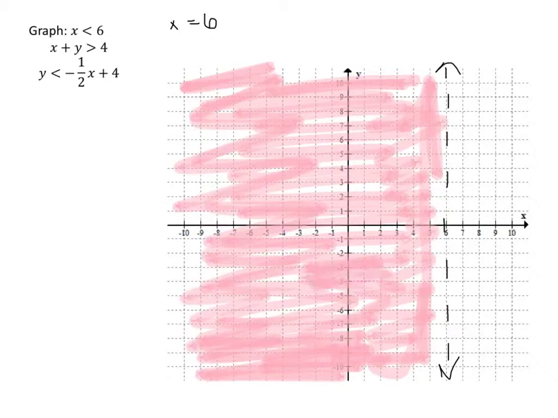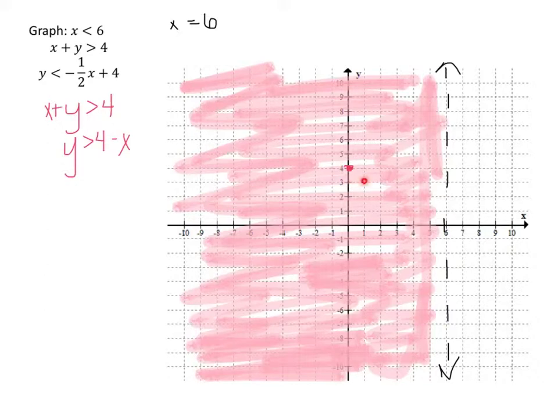Now, one thing that you should pay attention to is because I've got 3 inequalities that have to be graphed, I'm shading my first section as light as I possibly can. My second inequality, x plus y is greater than 4. So y is greater than 4 minus x. Y-intercept is 4. Slope is -1.